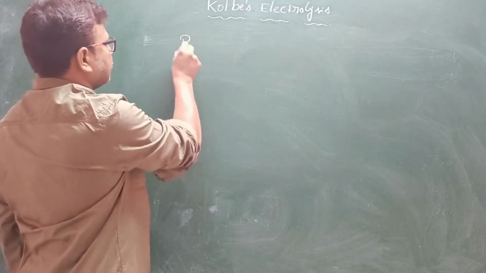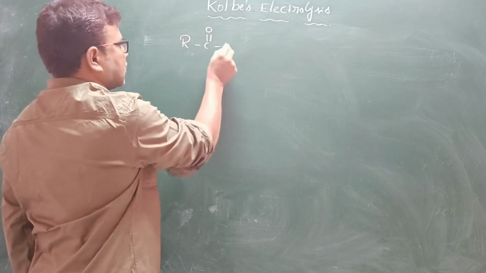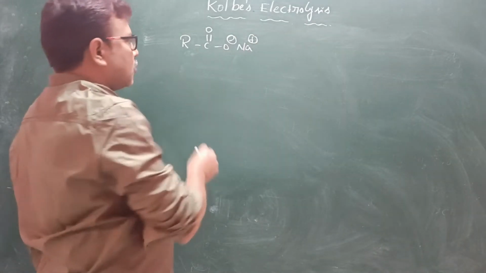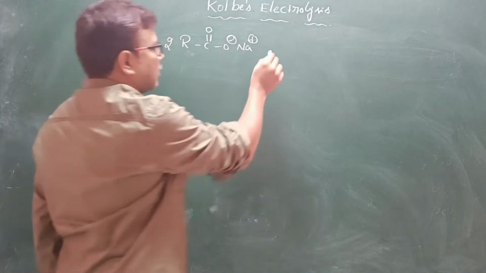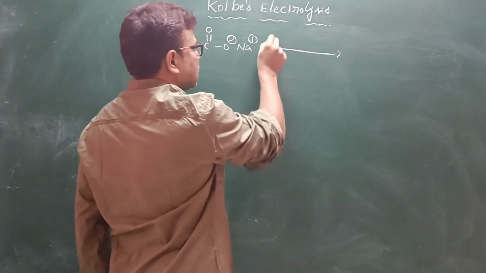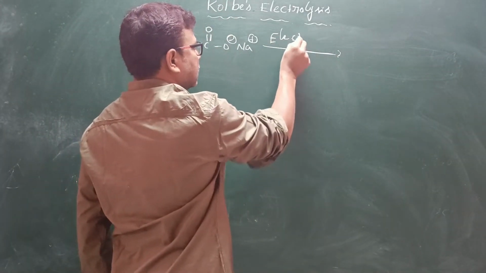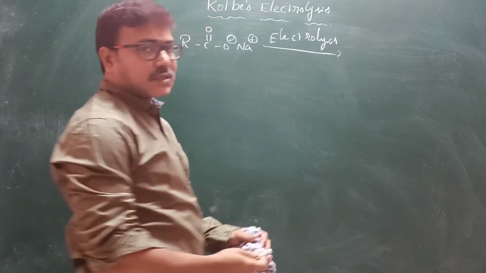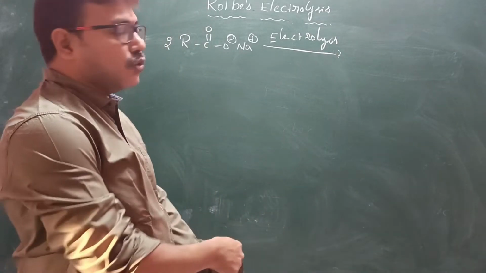This is the carboxylic acid salt. Two moles of carboxylic acid salt undergo electrolysis. Electrolysis takes place in the presence of an electrolytic solution.